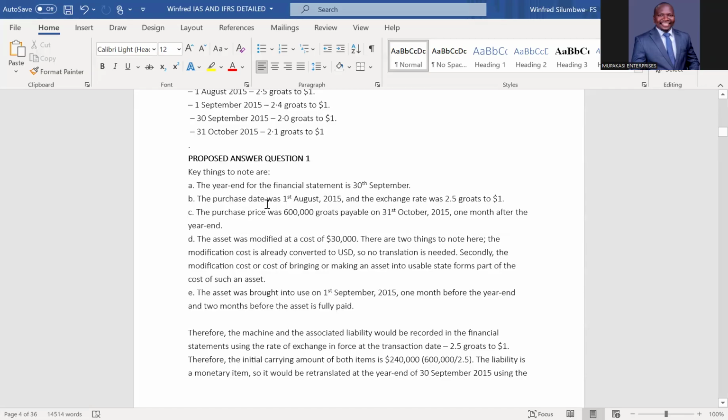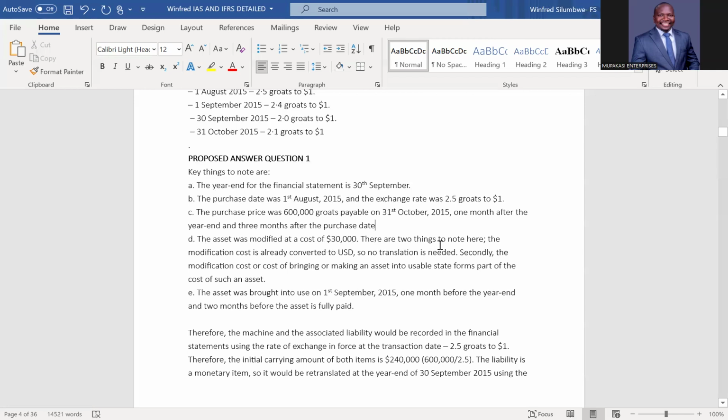The purchase was on 1st August. The purchase price was 600,000 groats, payable on 31 October, 1 month after the year end and 3 months after the purchase date. Good. The asset was modified at a cost of $30,000.